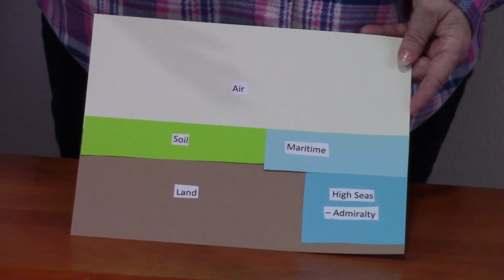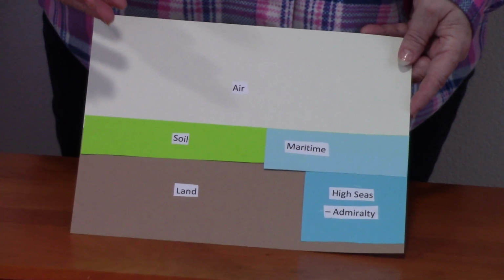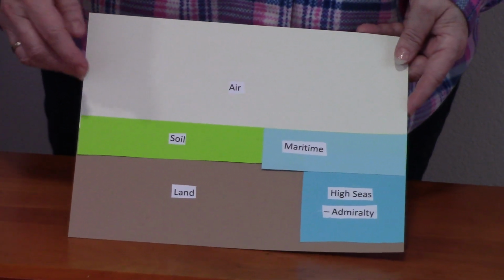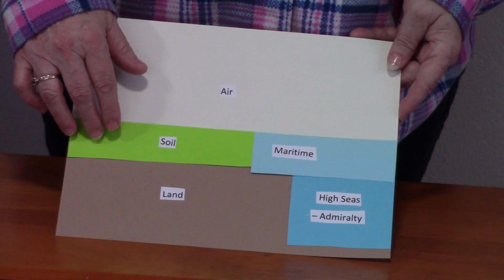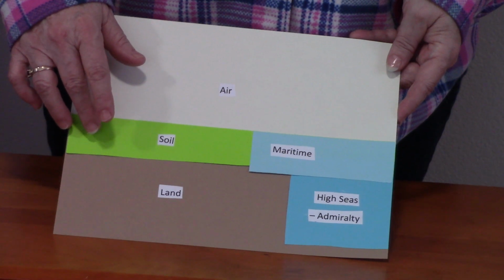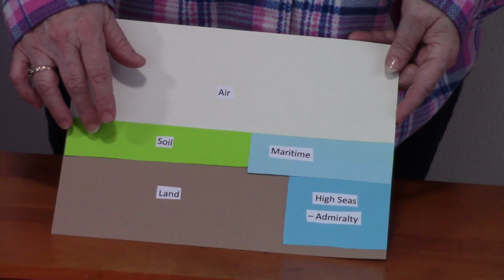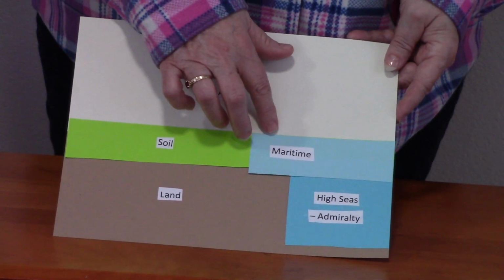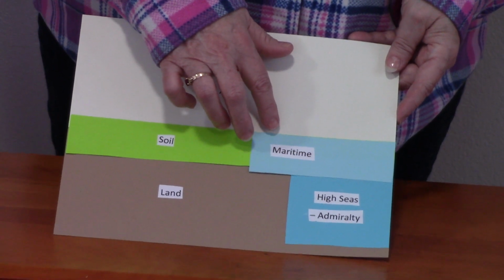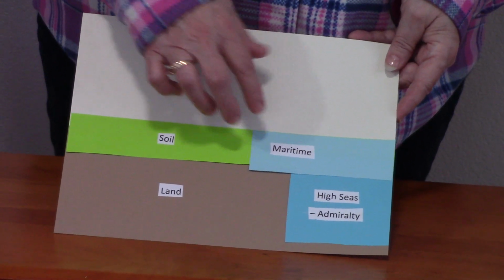They can exist in the jurisdiction of the air. Then you have the soil, which is the national jurisdiction of every country, and the maritime, which is basically commercial or contract law.